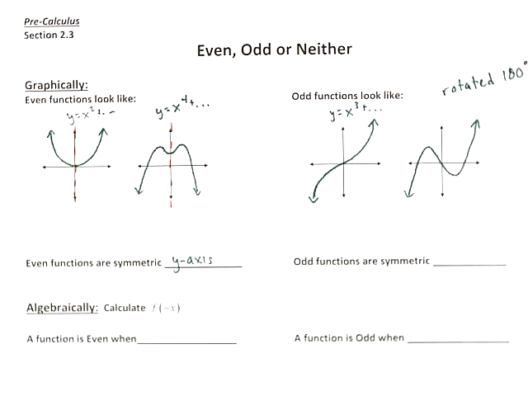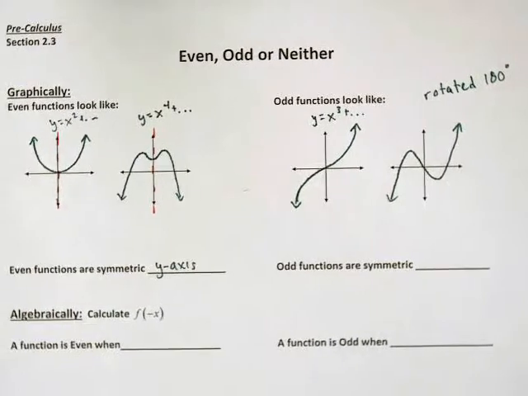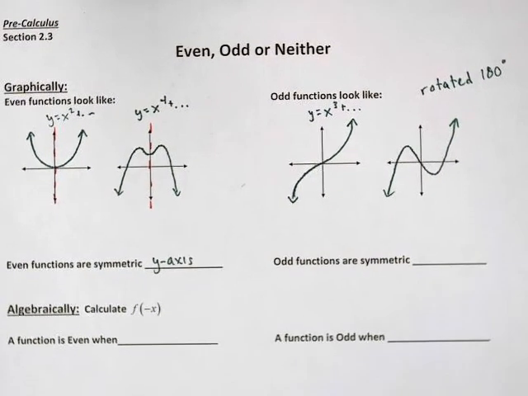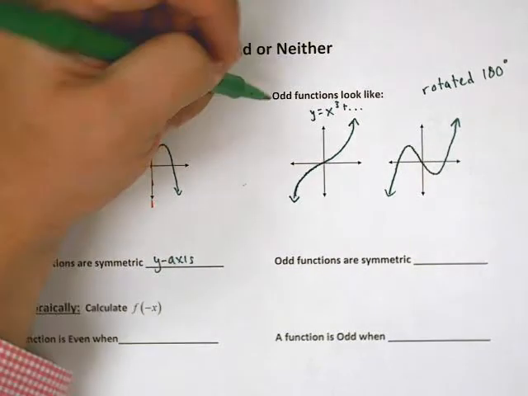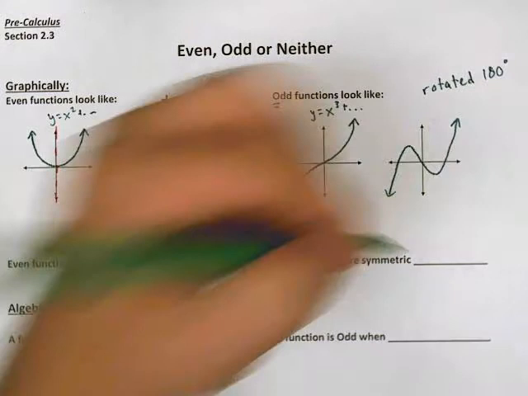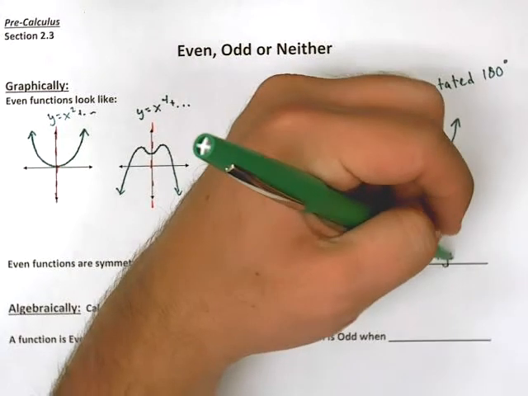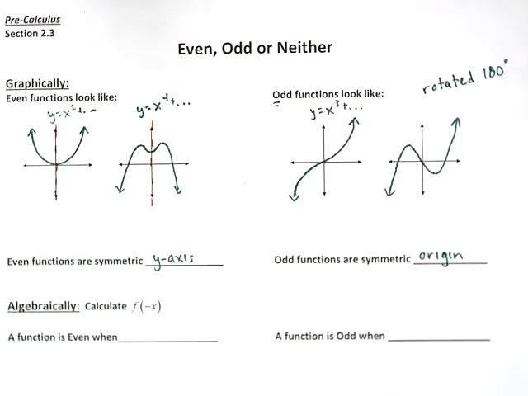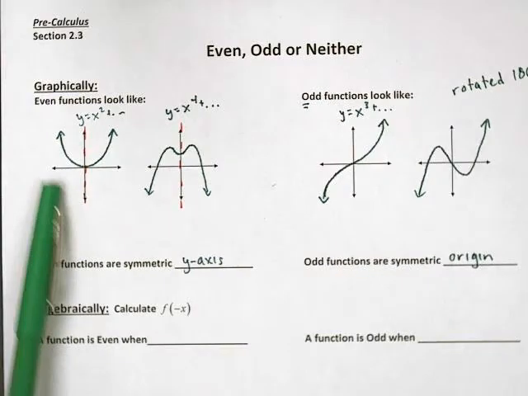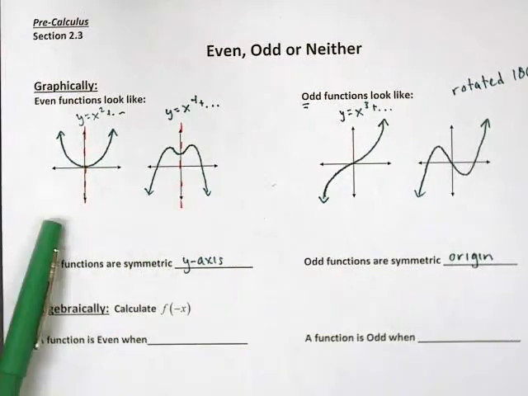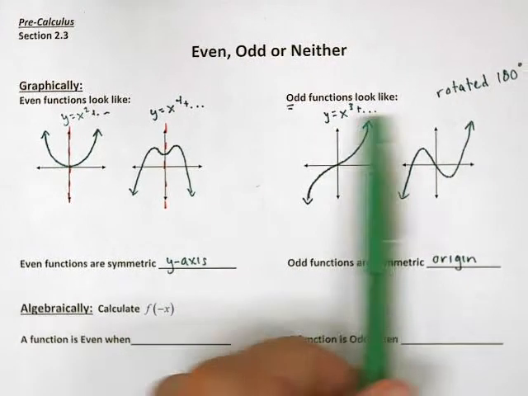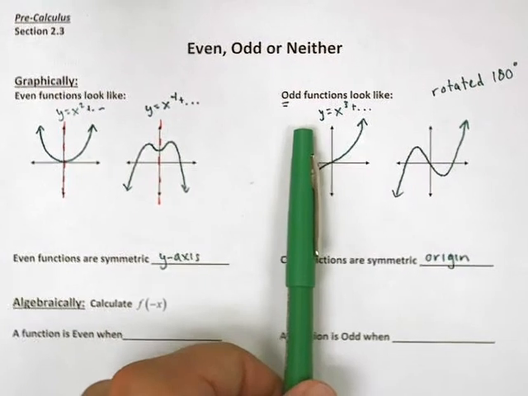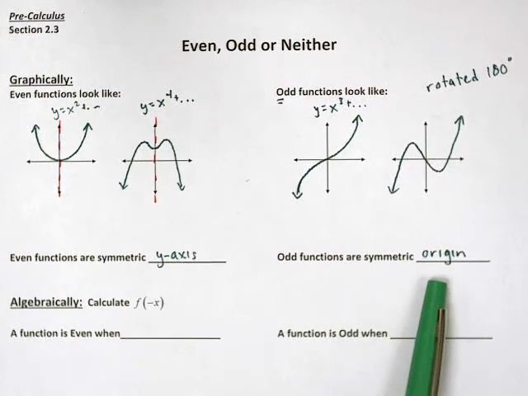And do you remember what we say about something when it's rotated 180 degrees? What type of symmetry? O, odd, O, origin. All right, so even functions over here are always going to have y-axis symmetry. Odd functions, if a function is odd, they're always going to have origin symmetry.